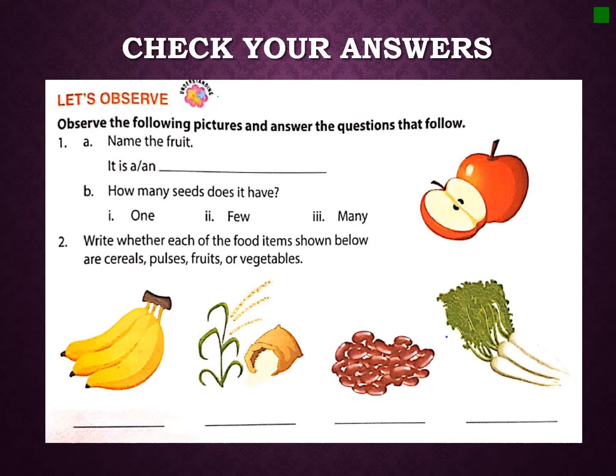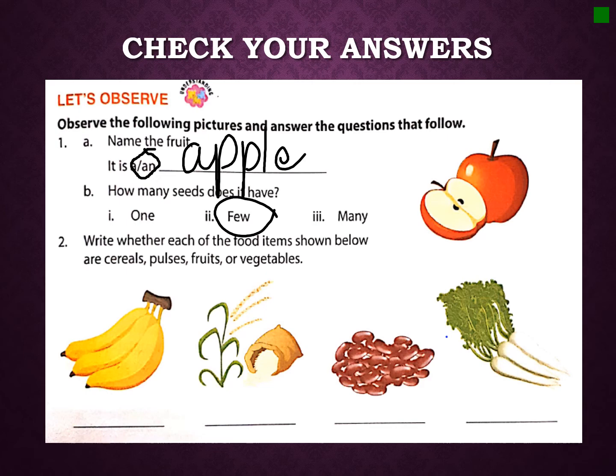So let's check answers. Name the fruit. It is an apple. How many seeds does it have? 1, few, or many? Few. Write whether each of the food items shown below are cereals, pulses, fruits, or vegetables.